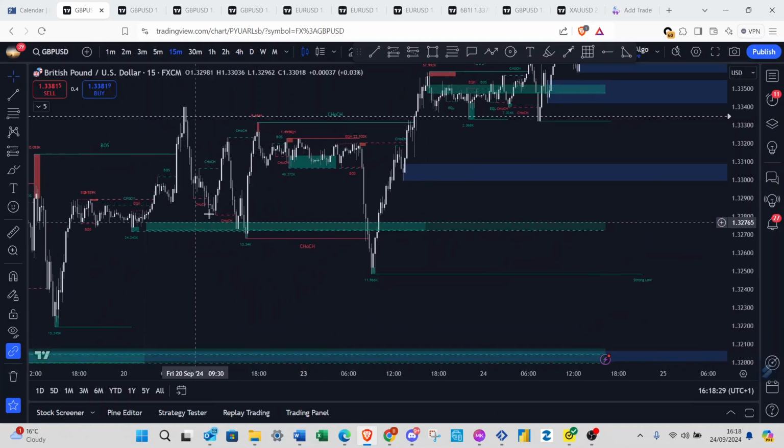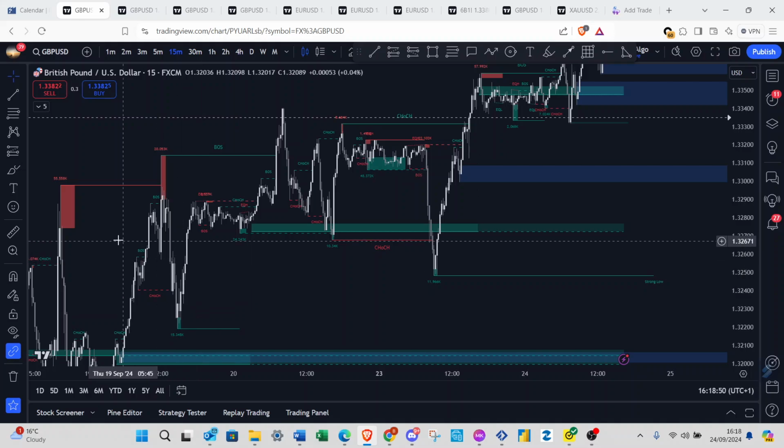So you've had this bit of supply here, like it's holding, and then you've had a sweep of it, and it's carried on up. You've had a liquidity sweep, support and resistance zone, and then carried on going up. Look to get in.